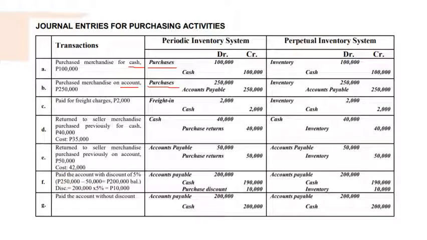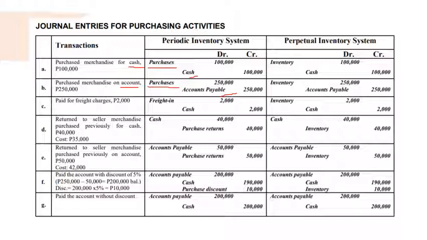It will differ on the credit depending on the consideration. If we pay in cash, our credit would be cash. If we purchase on account, then we credit accounts payable.